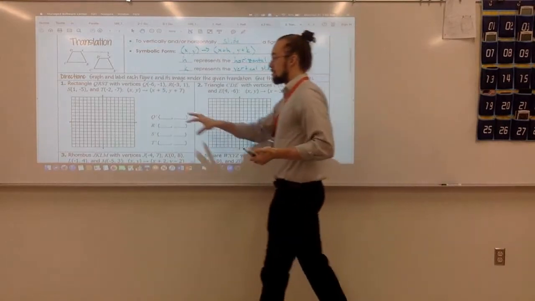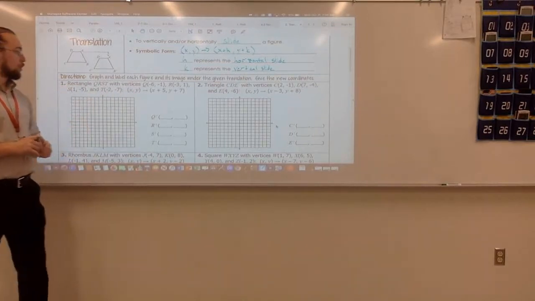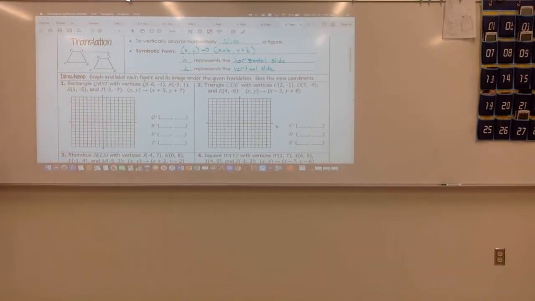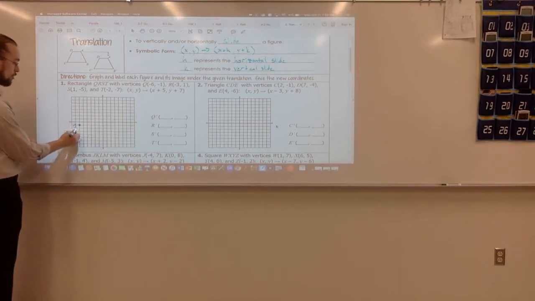So let's jump into a couple of these problems here. We're given this rectangle, QRST, with these 4 vertices. Let's just start by plotting those 4 coordinates. Q is here.